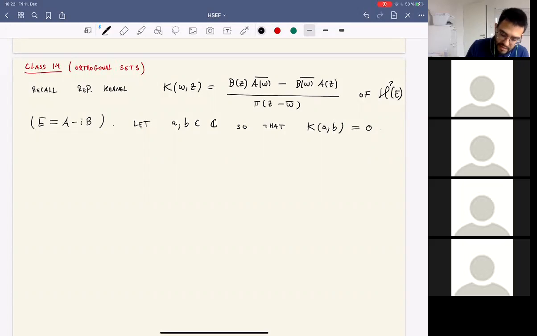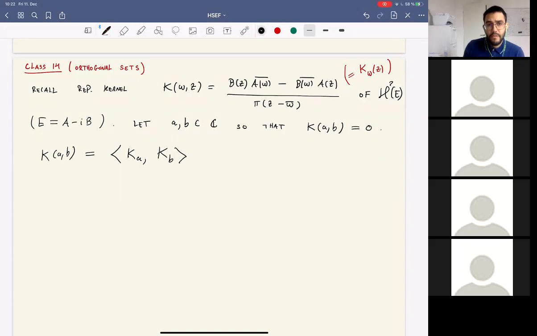Well, we know that K is the reproducing kernel, therefore K of a, b is just the inner product of K_a with K_b. Again, I'm using short notation. So this is 0 if and only if K_a is orthogonal to the function K_b.